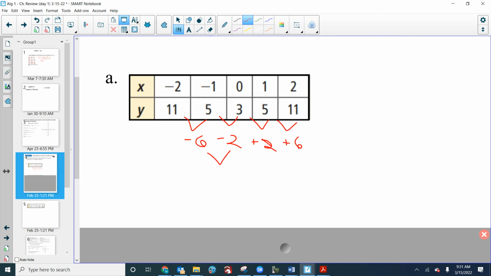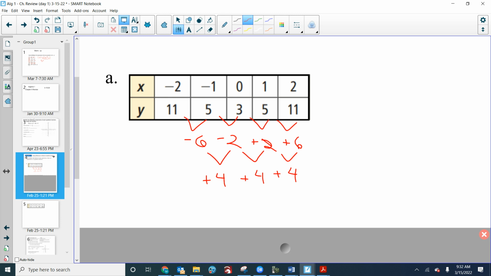What's the change in the next row? Well, from -6 to -2, am I going up or down? From -6 to -2, up 4. From -2 to 2, up 4. From 2 to 6, up 4. Wow.